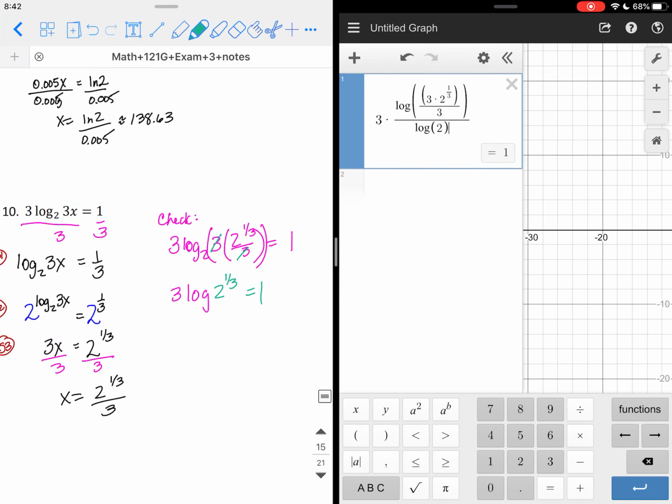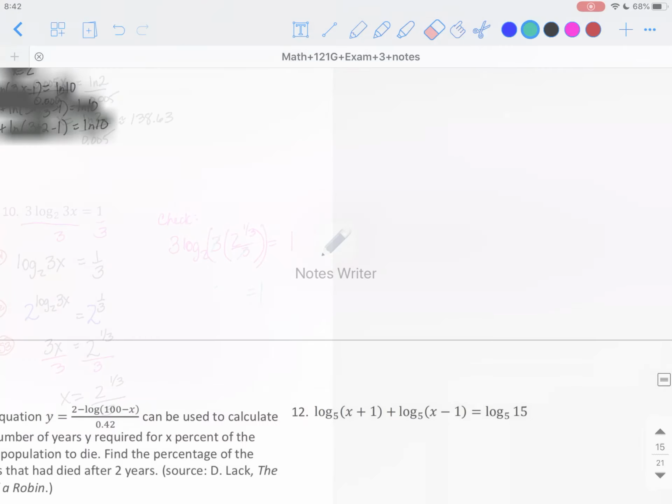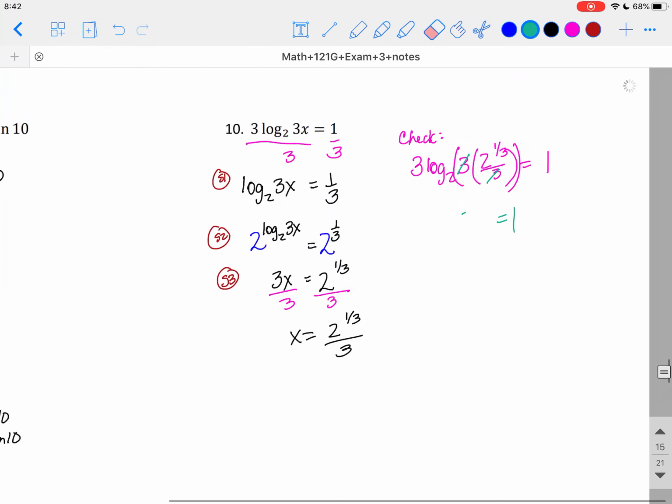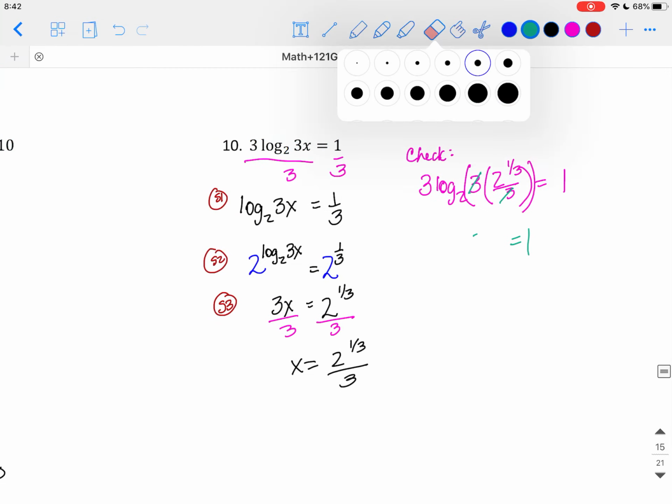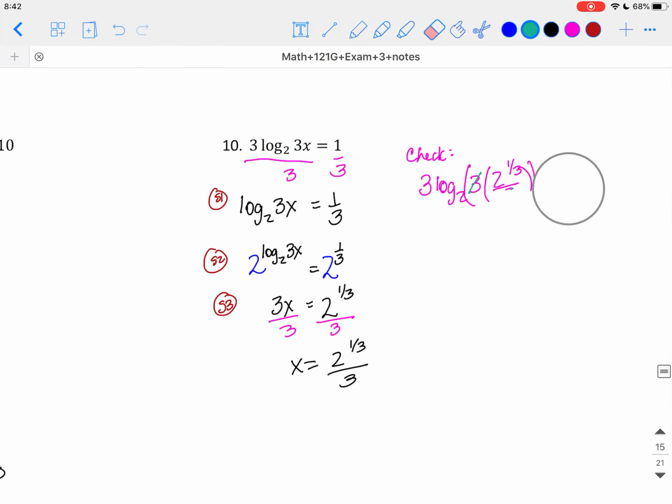So here, let me go back and write what I actually did since I didn't want to simplify. So here on this one, hang tight. I take out the big eraser here.